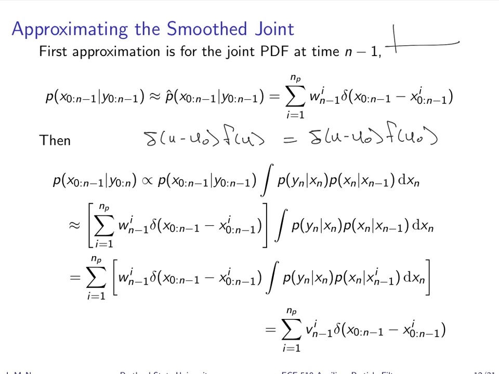Graphically, the idea is if you've got an impulse over here at u naught, and this is the u-axis, and you've got some weird function f of u, because this product is 0 at all values of u except at u naught, as long as f of u naught takes on the same value as f of u at the only place where that impulse occurs, then the product is the same. So that's the idea. It's a property you've seen of impulses used in many other classes.